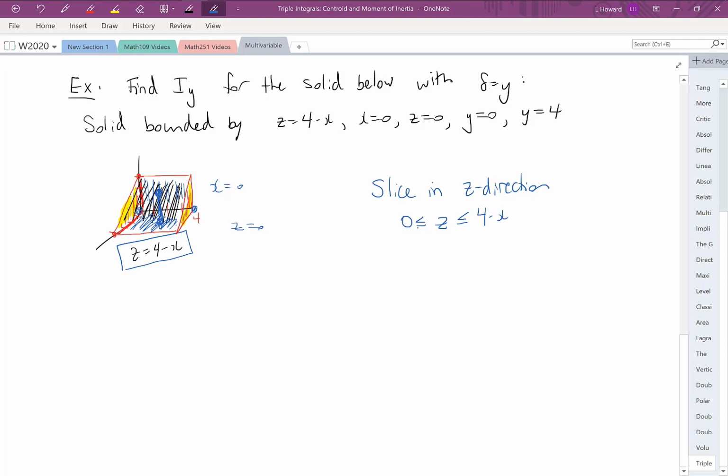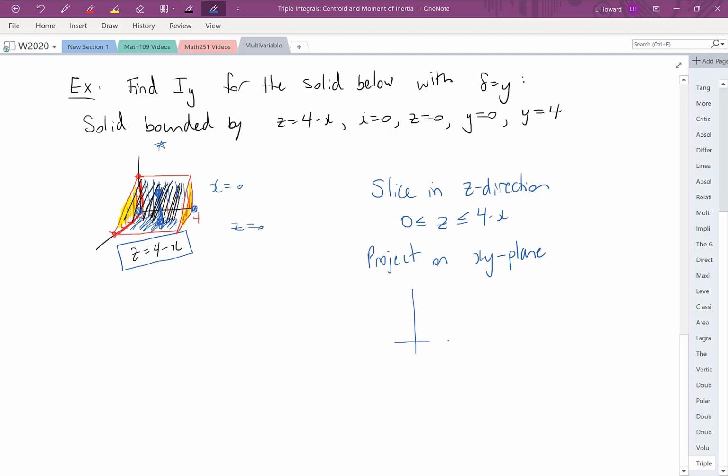Okay, and then once we figured out our limits of integration for z, we need to project onto the xy plane. If you do that geometrically, just imagine standing up here at a high z value, looking down on your solid and figuring out what are all the points that would be enclosed in that solid.